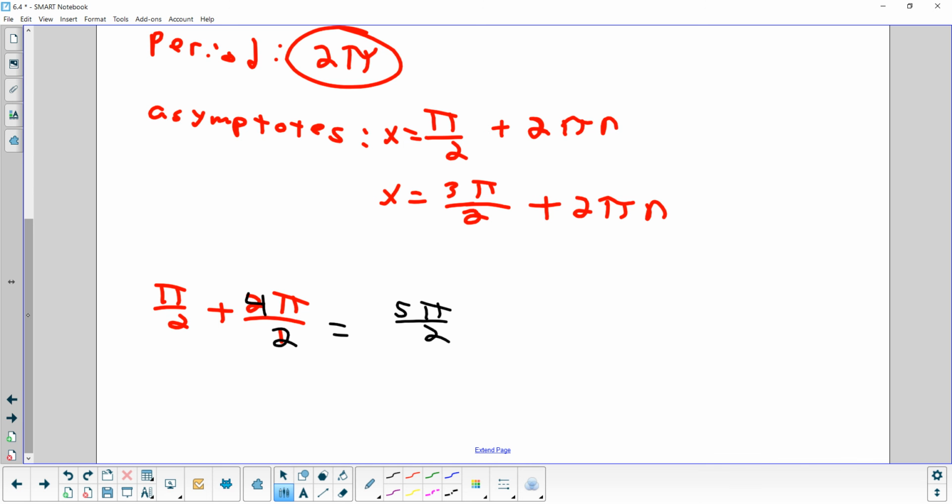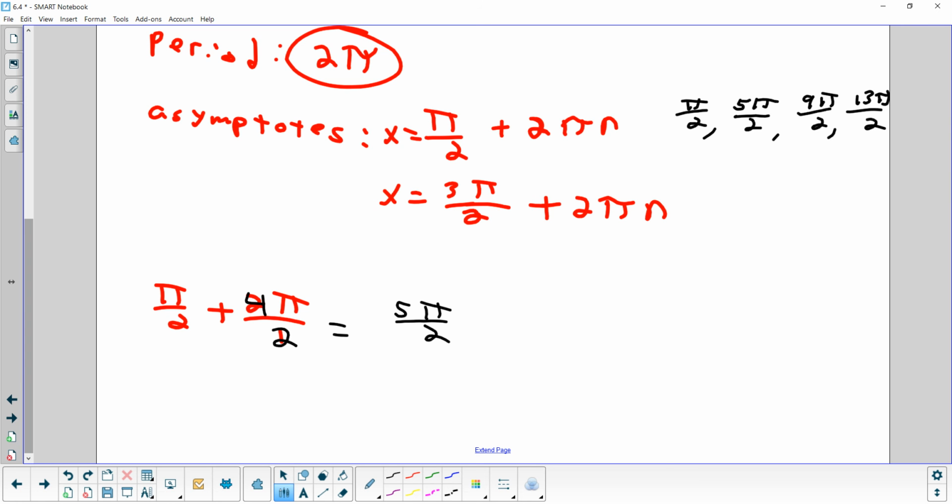So looking at the top one, the first one you get is pi over 2, the second is 5 pi over 2. Any guess what the next one would be? 9 pi over 2. And the next one after that? 13 pi over 2. So that's the pattern of asymptotes you get in the top one. And you could also subtract and go the other way.